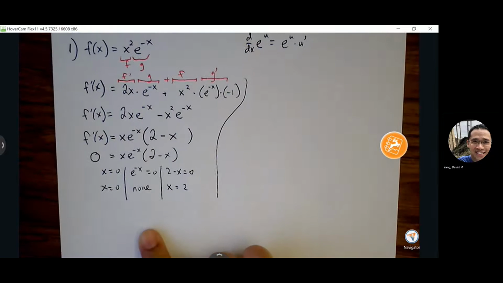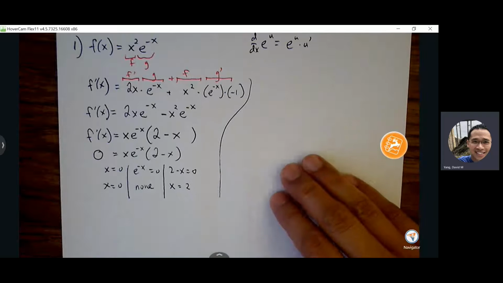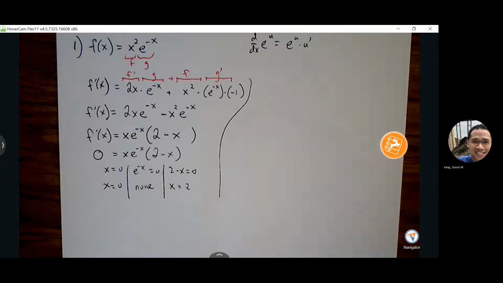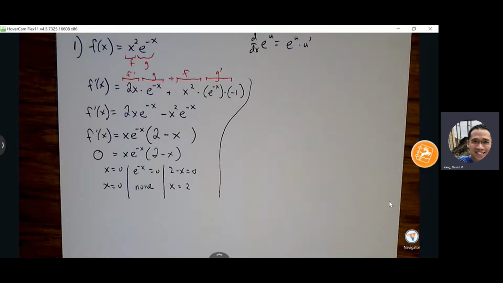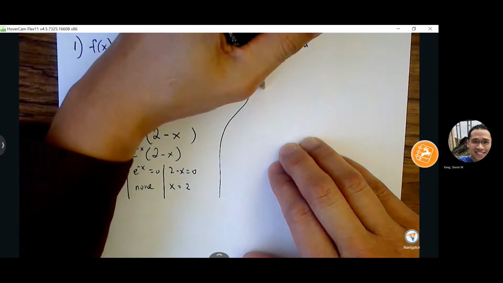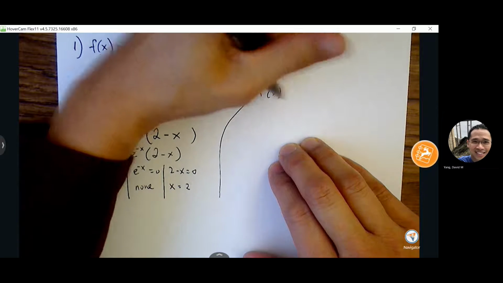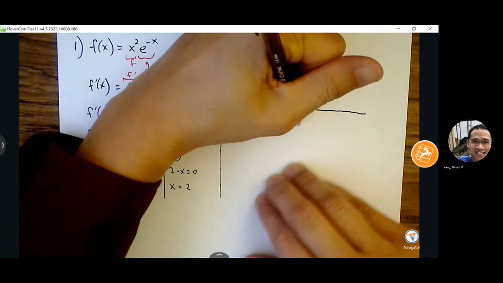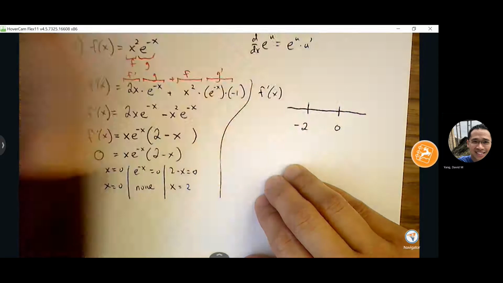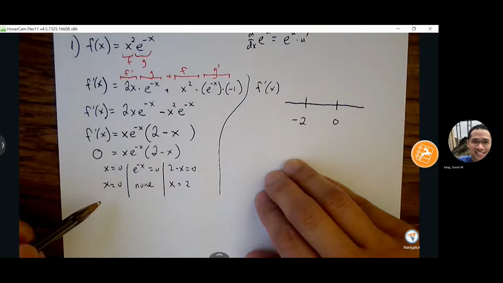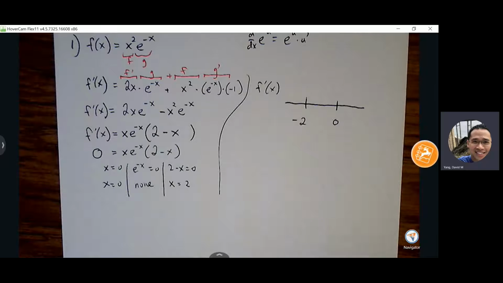We create our f prime derivative sign line and test values in each subinterval.